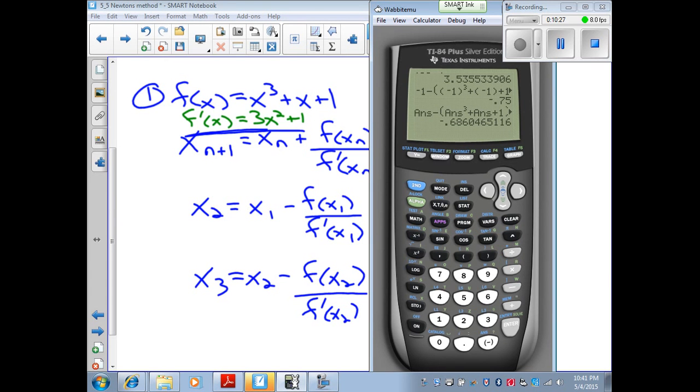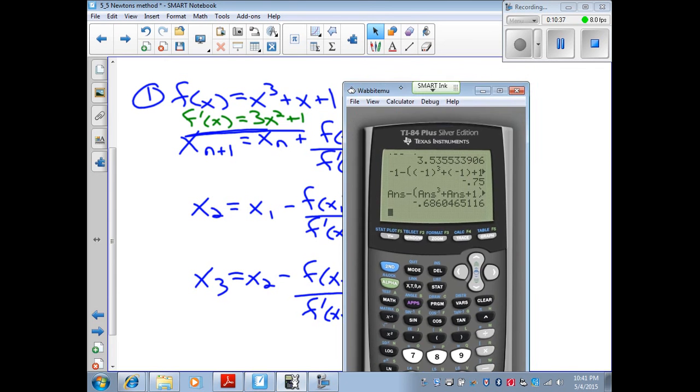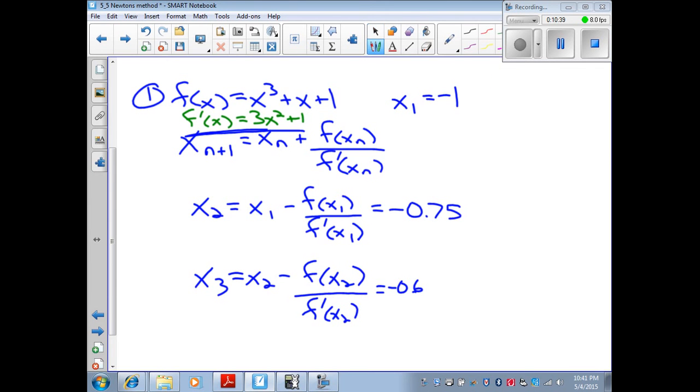Negative 0.686-ish. Okay. Now I'm only going to write down a few decimal places, but I'm going to keep them all in my calculator.